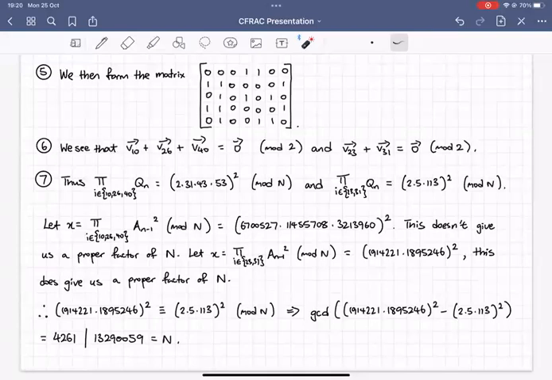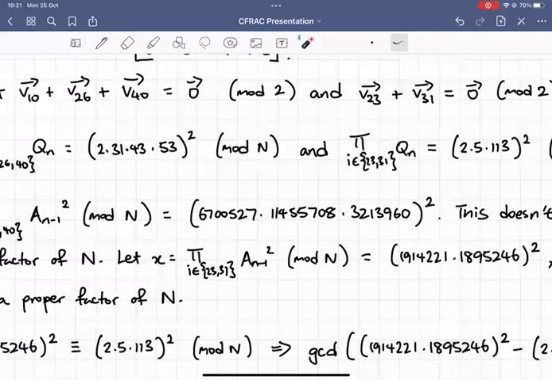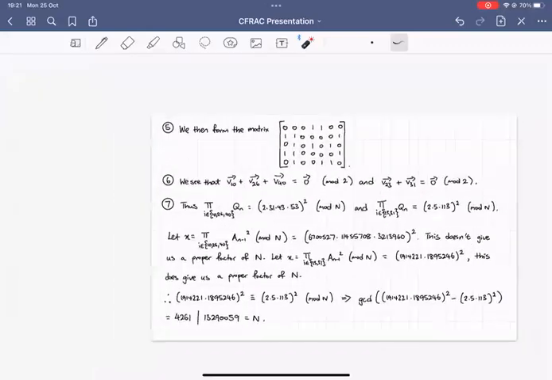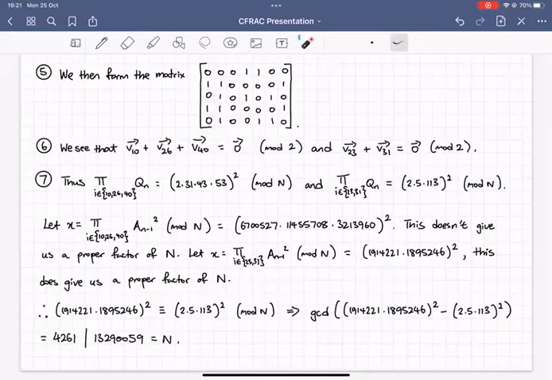So unfortunately, using the first dependency, this doesn't give us a proper factor of n. We're looking for proper factors. This method does give us a factor, it's just that we don't want that one because it's either 1 or the original number back. But if you use the second dependency, the one with 23 and 31, you do have a proper factor of n. So then you make the congruence like this.